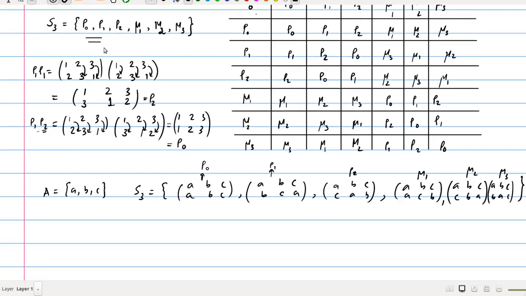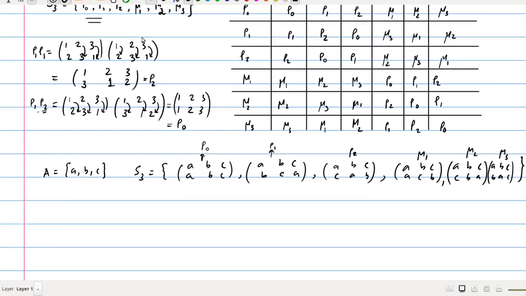Now why we call these rho naught, rho 1, rho 2 is because these functions of S3 can be obtained from some symmetry of a triangle. So if we consider an equilateral triangle and name its vertices as 1, 2, 3, then if you rotate this through 120 degrees.